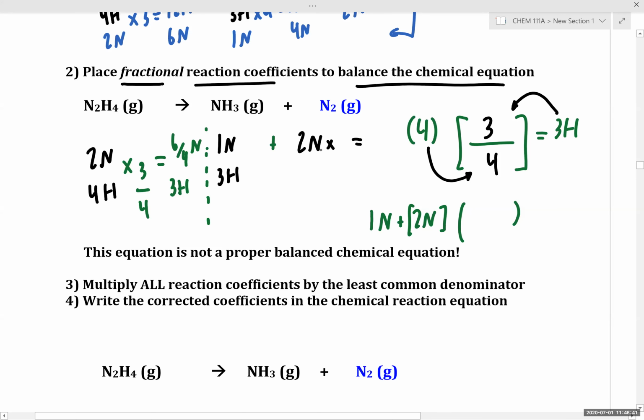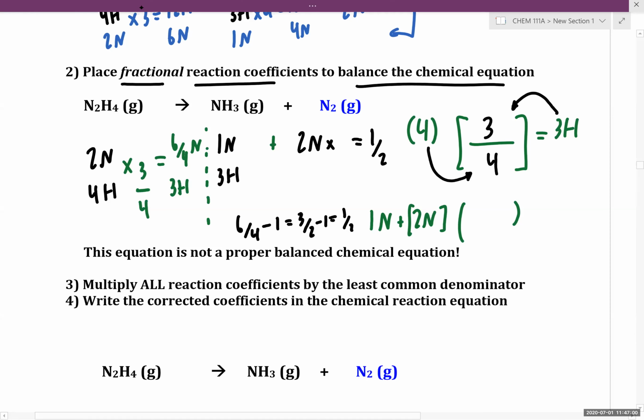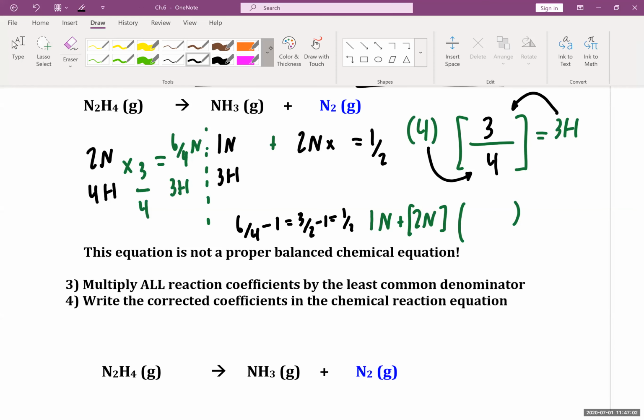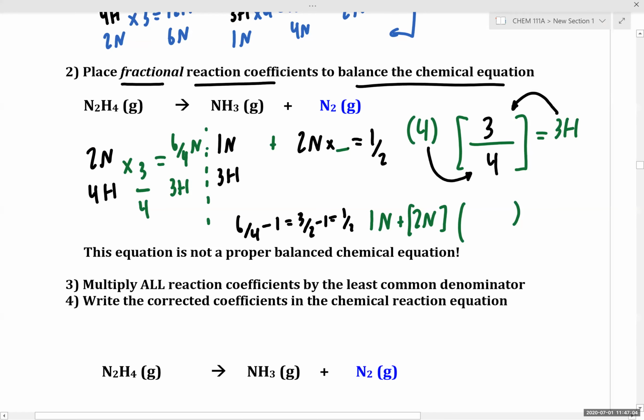So in this case, 2 times what would give us 1/2? Where did I get this 1/2 from? 6/4 minus 1 is equal to 3/2 minus 1, which is 1/2. So 2 times what coefficient would give us 1/2?